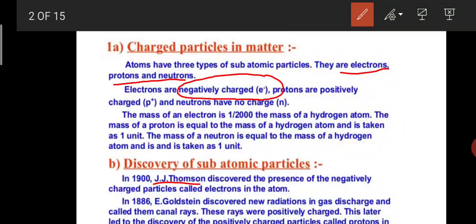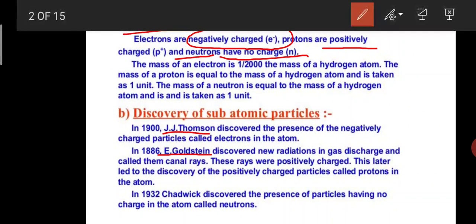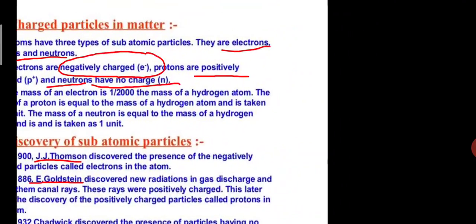Protons are positively charged and were discovered by E. Goldstein in 1886. The third subatomic particle is the neutron. Neutrons have no charge and were discovered by J. Chadwick in 1930.